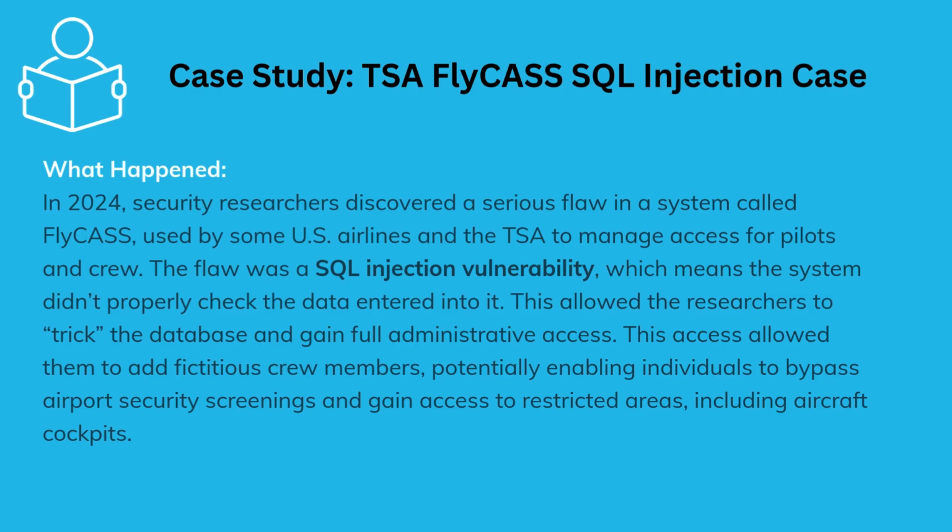This essentially means that the system did not properly check data that was entered into the system. This allowed researchers to trick the database and gain full administrative access. Someone was able to create fictitious crew members, enable individuals to bypass security screenings, and gain access to the aircraft.